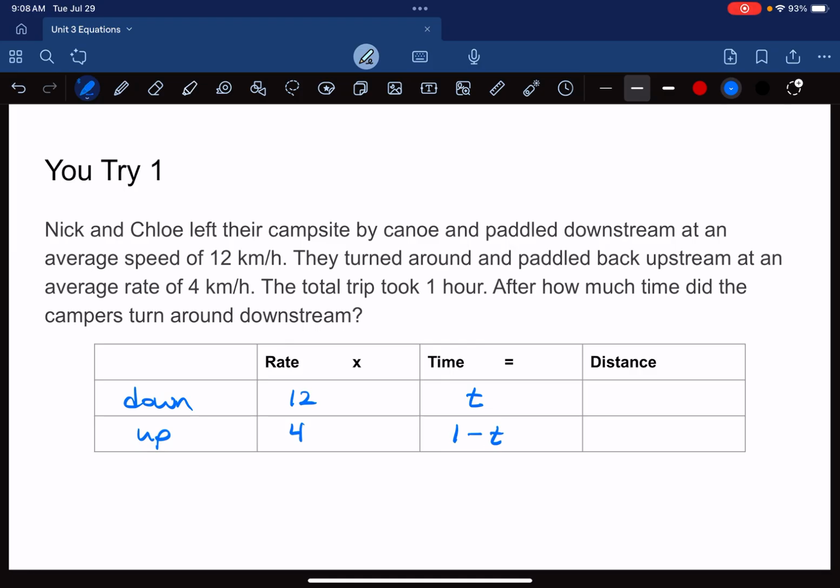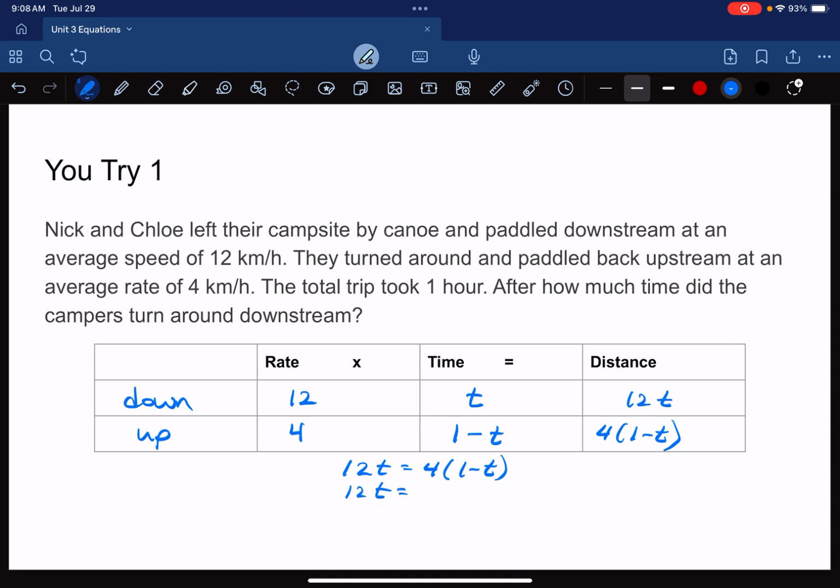Okay? So we have 12t. We have 4 times 1 minus t. And we know that downstream and upstream, they went the same distance. So 12t equals 4 times 1 minus t.